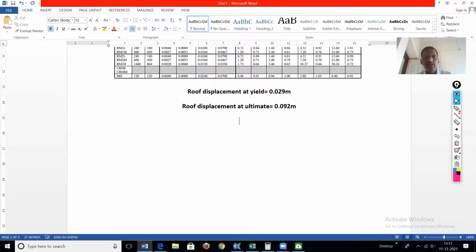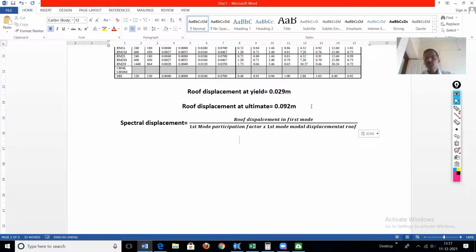Okay, so this is the formula. By using this formula, we will convert the roof displacement at yield and roof displacement at ultimate into spectral displacement at yield and spectral displacement at ultimate. So first we require the spectral displacement at yield point.